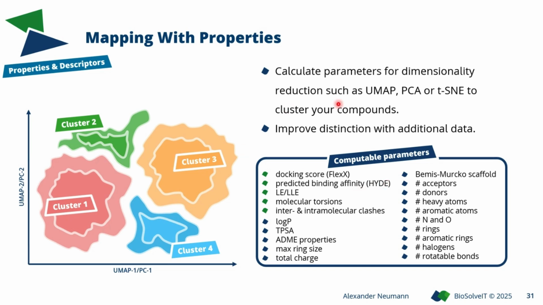Why do I mention that? All of those fancy things, UMAP, PCA, principal component analysis, t-SNE, are used to cluster compounds, which can mean a lot of things. You can cluster compounds based on activity, based on toxicity, atomic property, cell penetration, you name it.